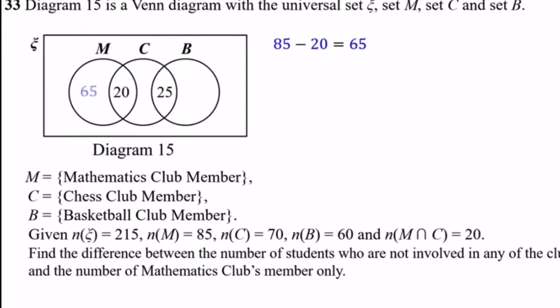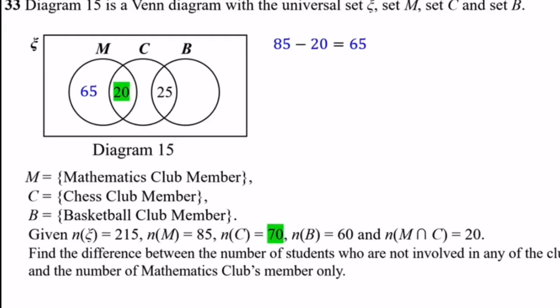So now we will do another one for the number of the chess club. We are given the quantity for the total number of the chess club, so we can find the balance, right? We take the chess club total minus out the 20 and 25.